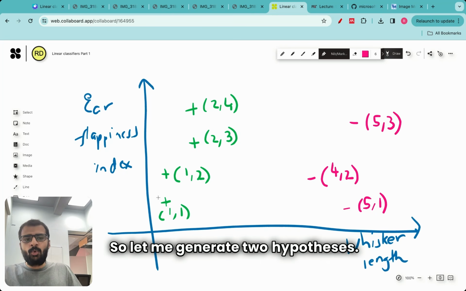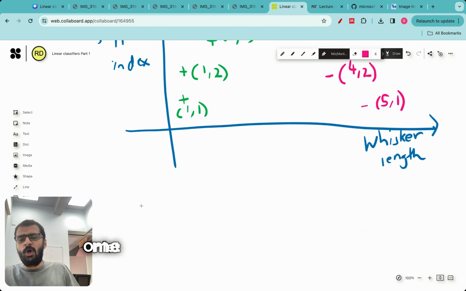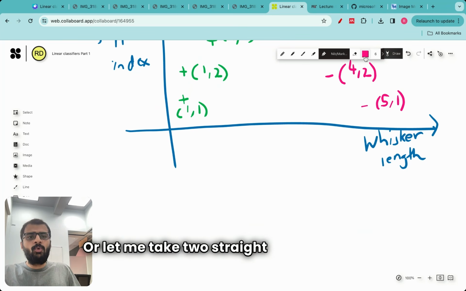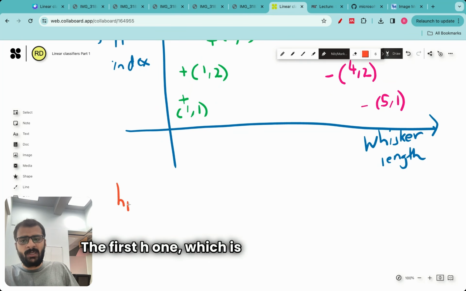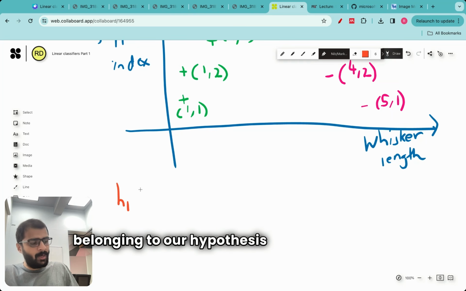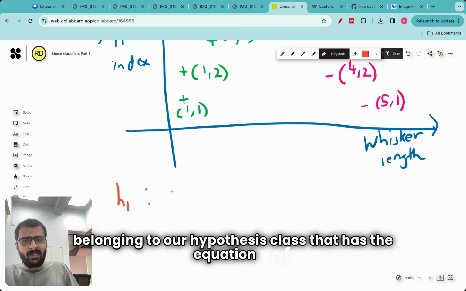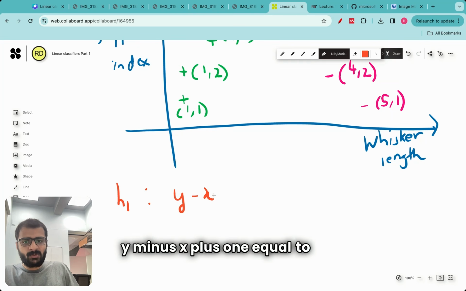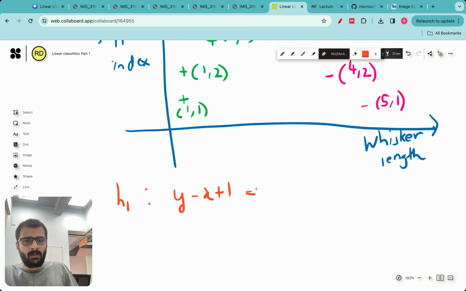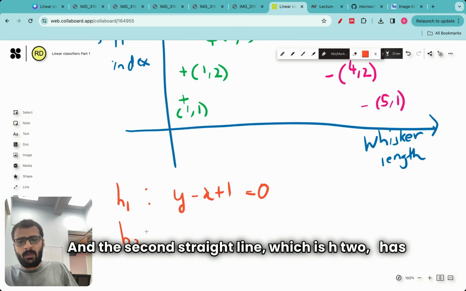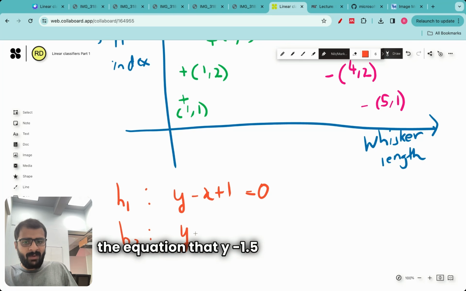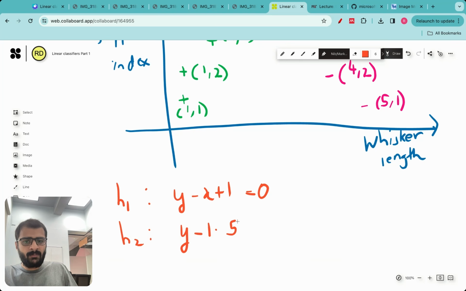So let me generate two hypotheses, or let me take two straight lines as example. The first, h1, which is the first straight line belonging to our hypothesis class, has the equation y minus x plus 1 equal to 0, and the second straight line, which is h2, has the equation y minus 1.5 is equal to 0.